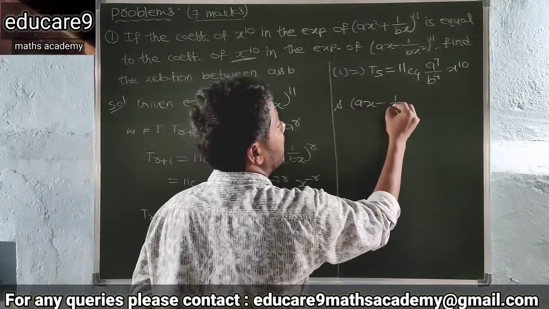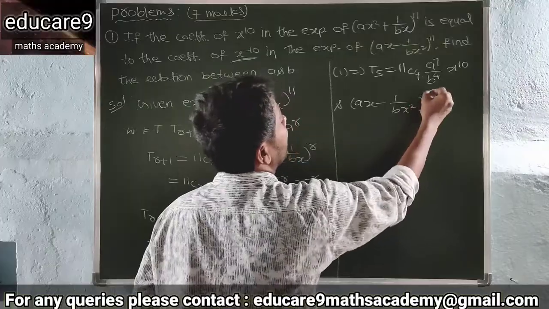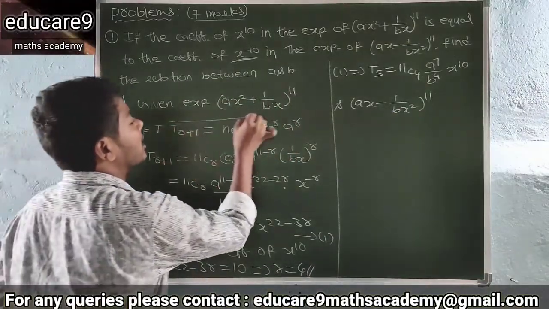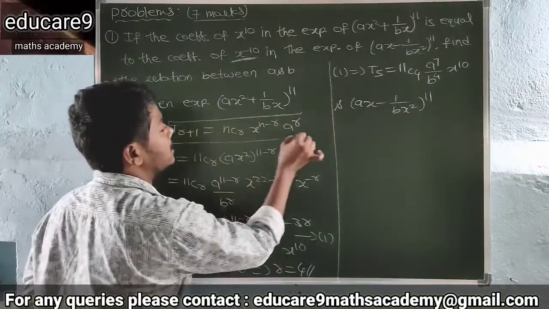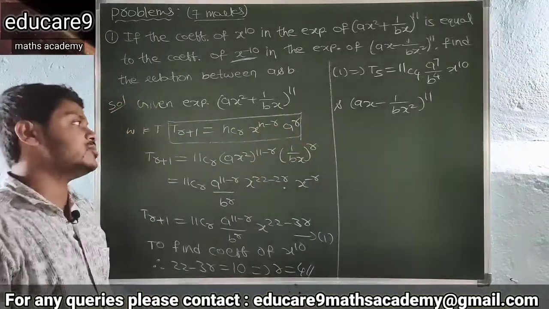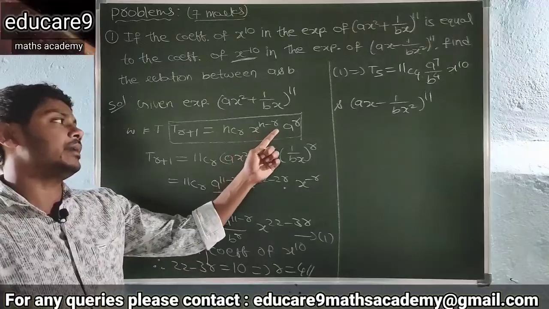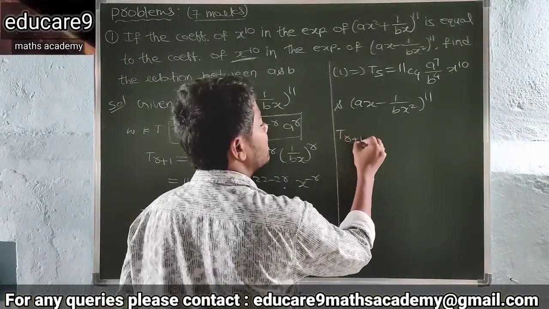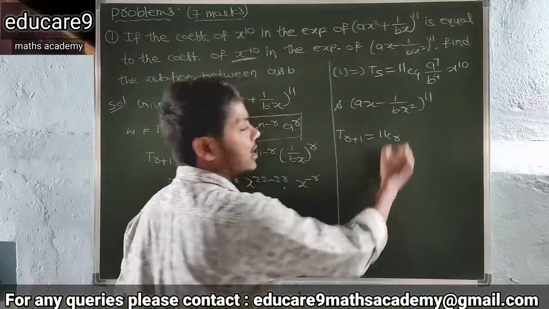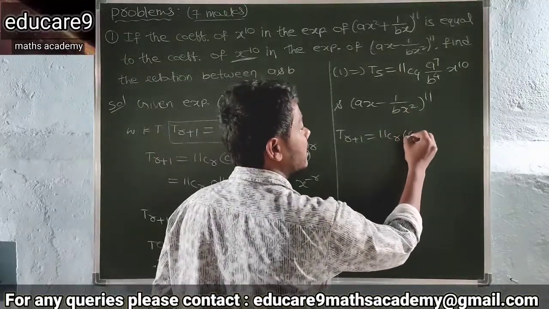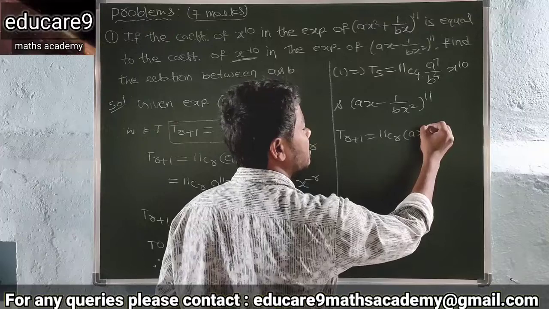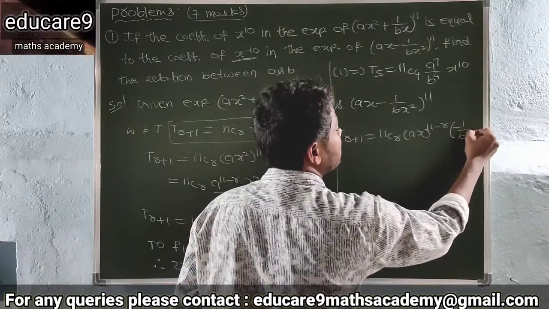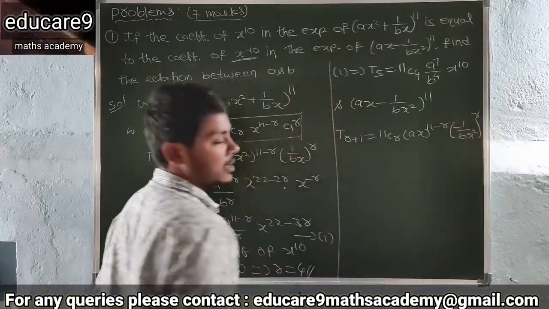So the next expansion is (ax − 1/(bx²))^11. Here you know that the (r+1)th term in the expansion of (x + a)^n is nCr x^(n−r) a^r. Therefore T(r+1) = 11Cr (ax)^(11−r) (−1/(bx²))^r.